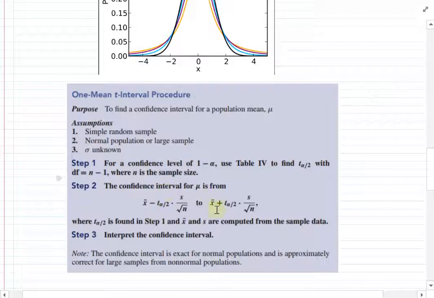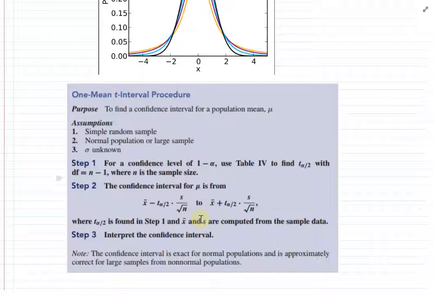And this is the formula, but we're not going to do this by hand. I just want to show you the formula. We've seen a comparable formula when we looked at a z interval procedure earlier in chapter 4. But we're going to get things from Minitab.